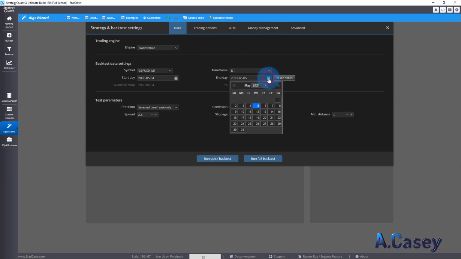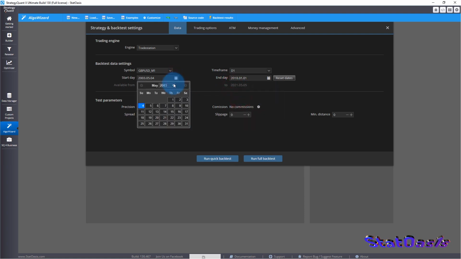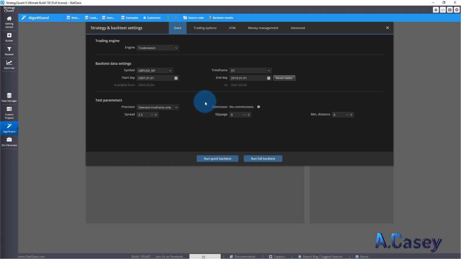Then for data, I'm going to test until January 2018, and we will start from 2008. Actually, I can go even from 2007, although for futures I start in 2008, but let's do 2007.